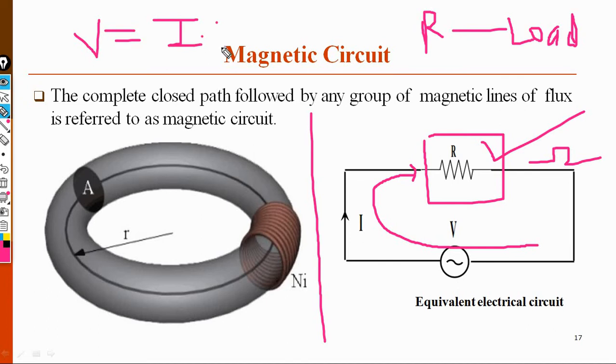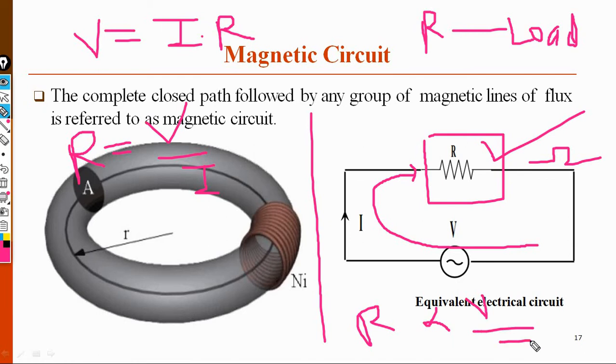Then R is equal to the ratio V upon I. Then this resistance is inversely proportional to the current, since R is V upon I. That means both are inversely proportional to each other, that is resistance and current are inversely proportional to each other.